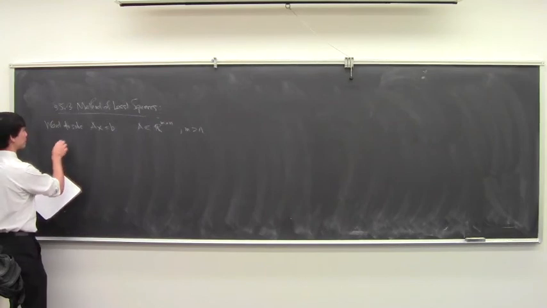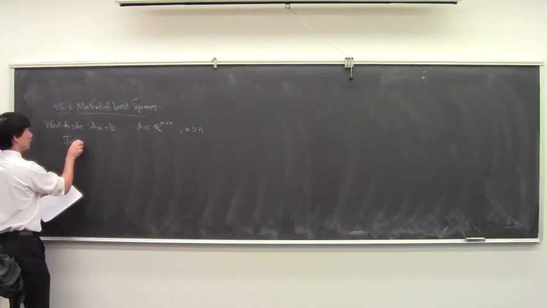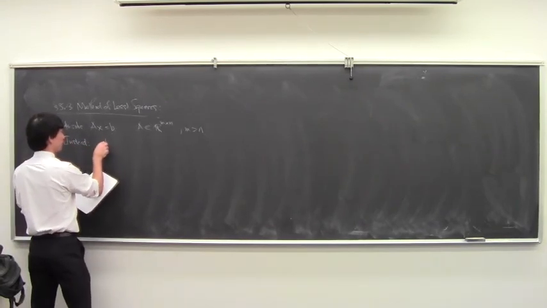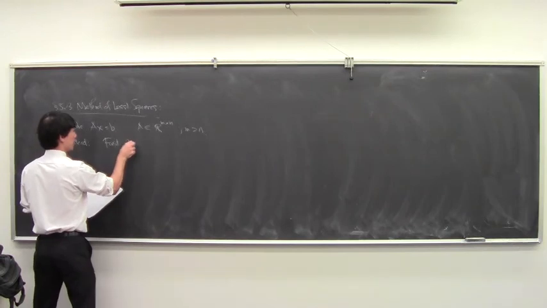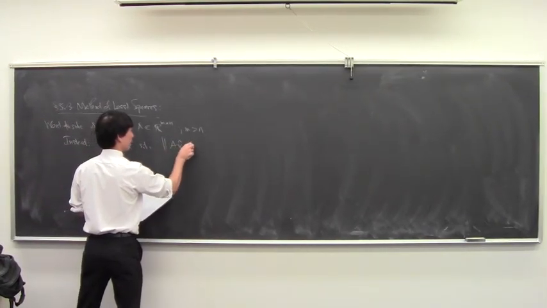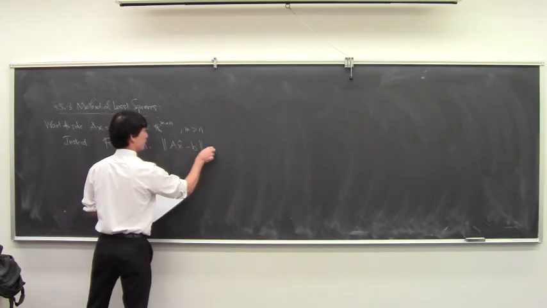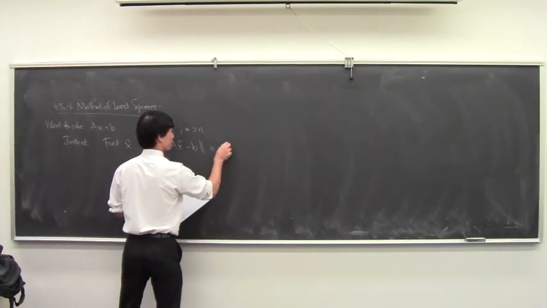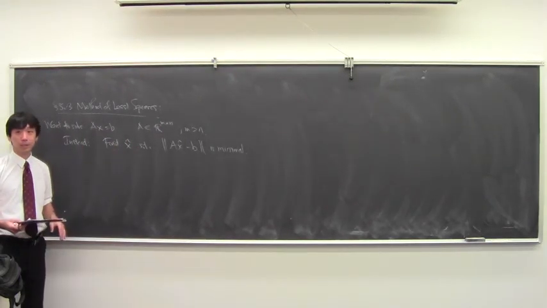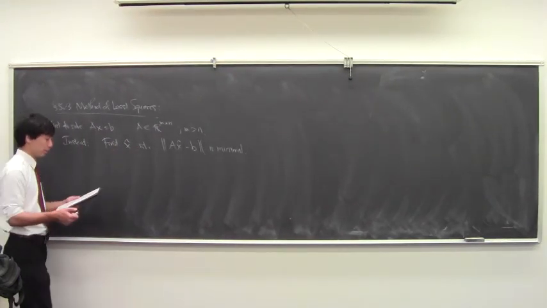So instead we change it to: find x hat so that the norm of A x hat minus b is minimal. We change it to this problem, which maybe is solvable.